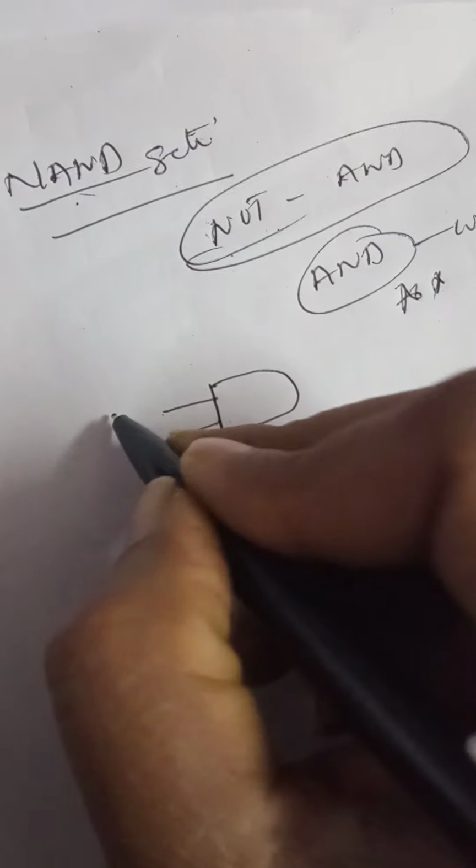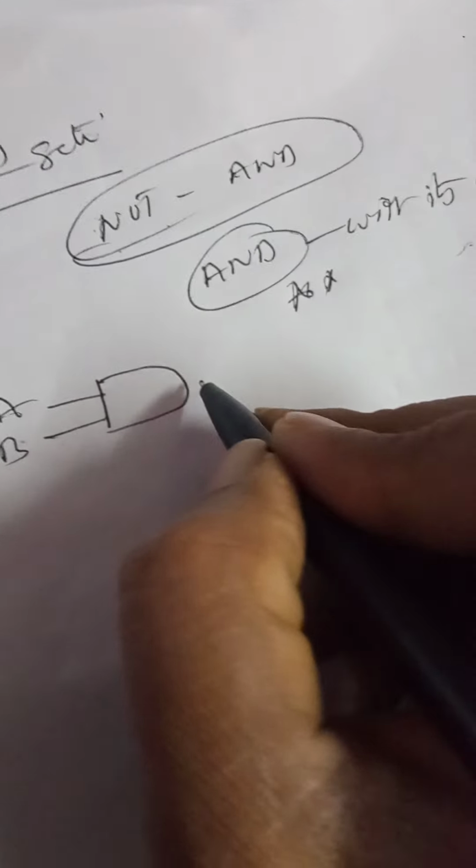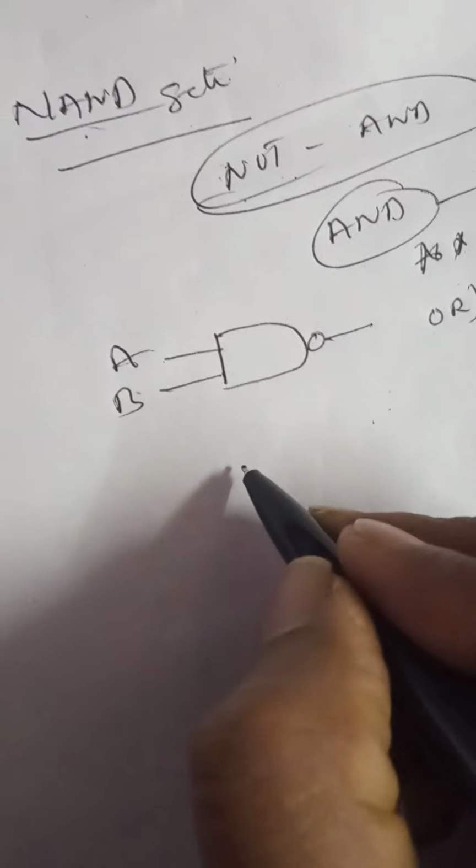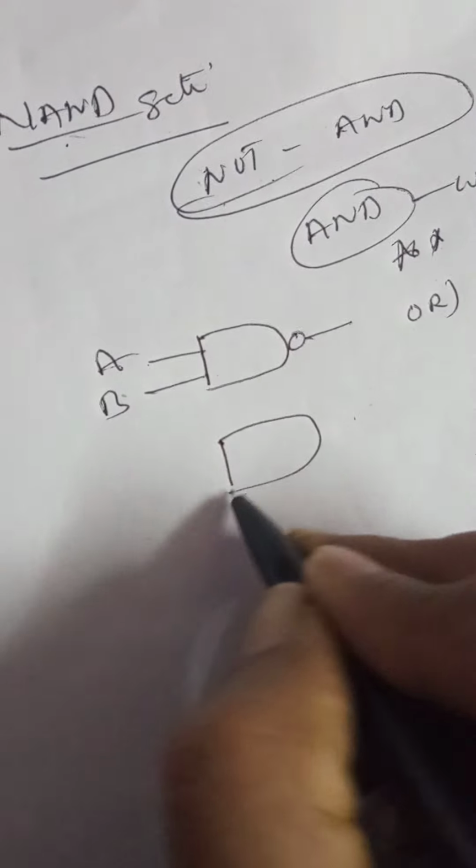Complement output comes, right? Now see what is the diagram. NAND means in the end, AND is nothing but D, no? This is input A, input B, and this is a shortcut notation. Or this is called the NAND gate representation, or like this.